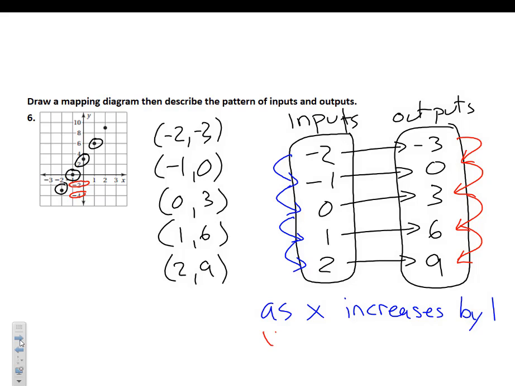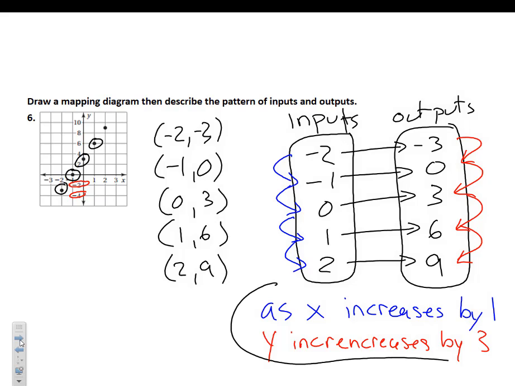All right. Y increases by 3. And yes, you can have them both increase. They could both be decreasing. You can have one increase and one decrease. Makes absolutely no difference. We can see in this function relation, x increases by 1, y increases by 3. Go ahead and write that down and join me on the next slide.